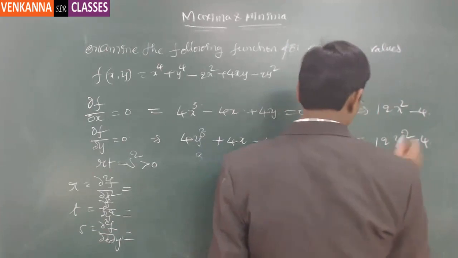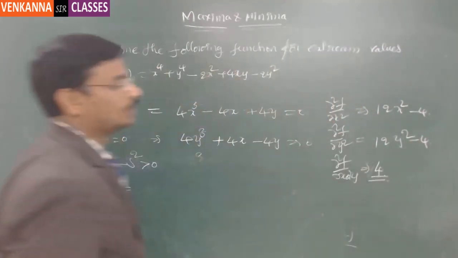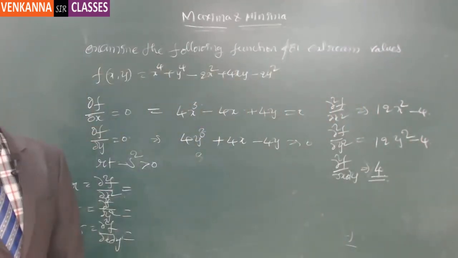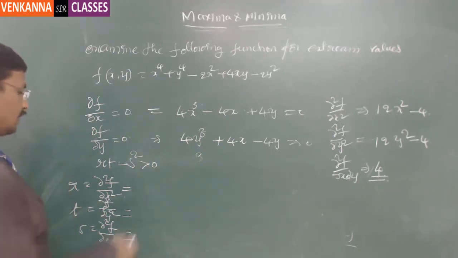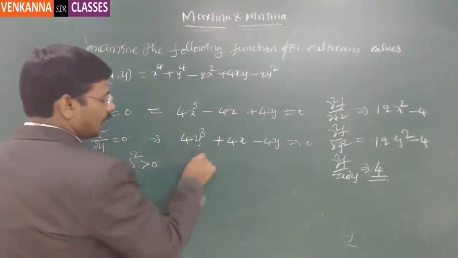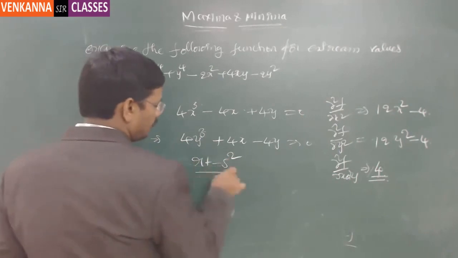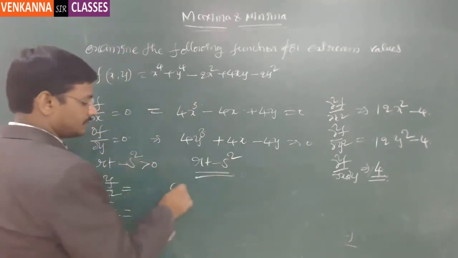Yeah, 4. Got it? So rt minus s square is coming out like this. Now this value we will take case by case.